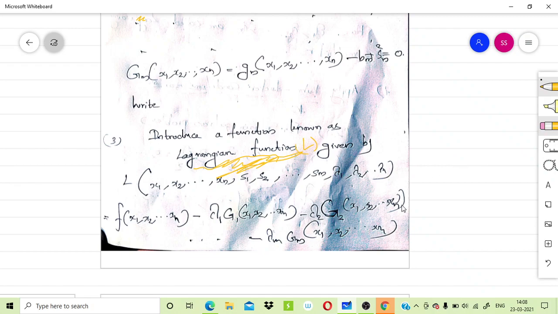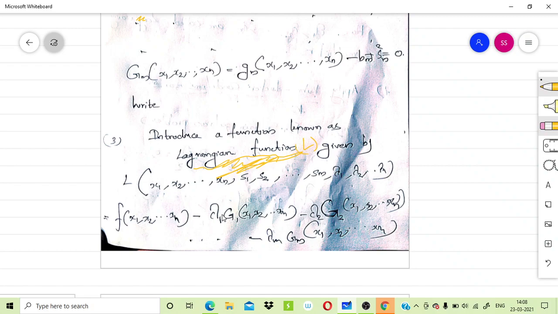It is defined as L is equal to f of x1, x2, etc. xn minus lambda 1 g1 of x1, x2, etc. xn minus lambda 2 g2 of x1, x2, etc. xn, and minus lambda 3 g3, etc., minus lambda m gm.